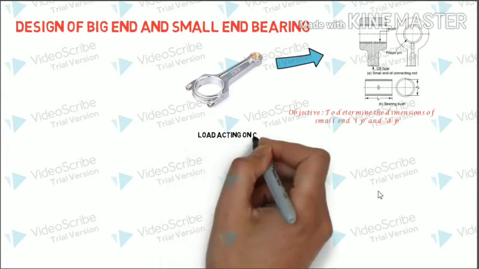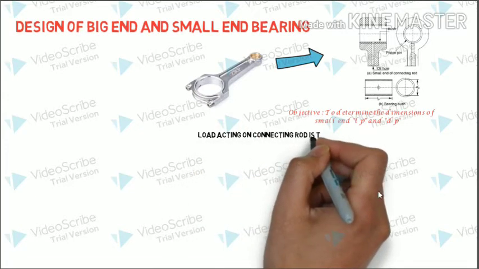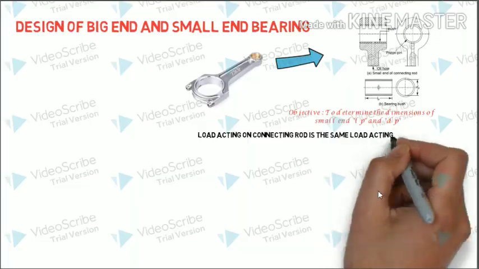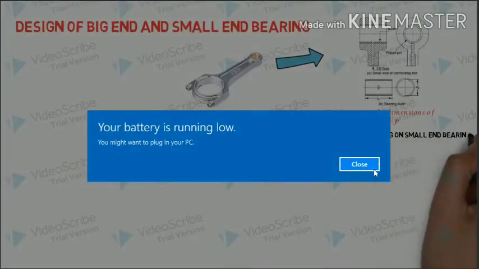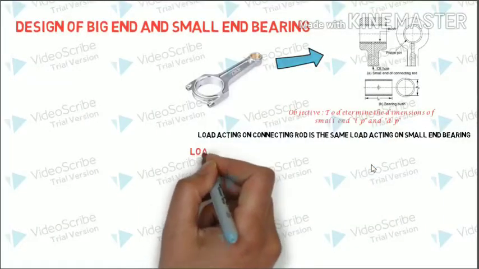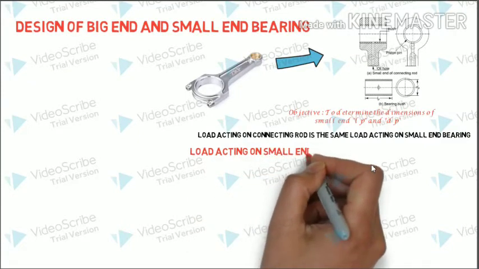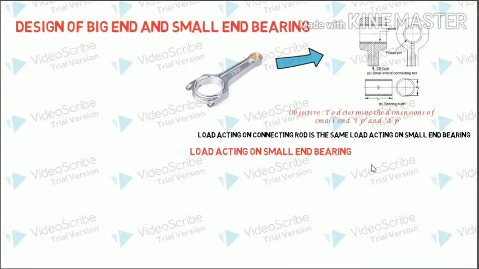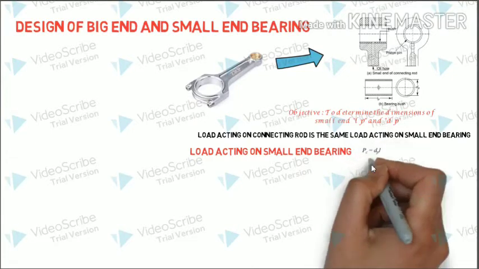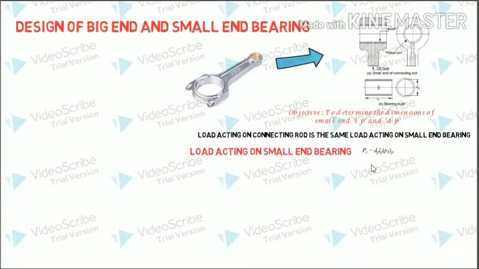The concept behind this is that the load acting on the piston is transferred to the connecting rod. The same load is transferred to the big end and small end bearing as well. The load acting on the small end bearing can be found using the equation PC is equal to dp into LP into PBP.